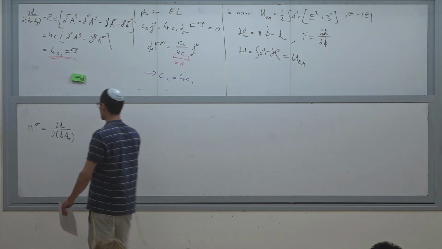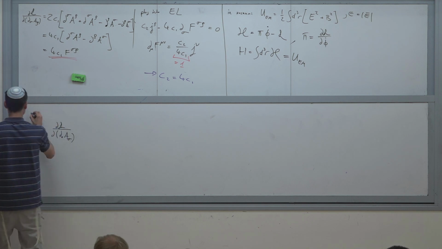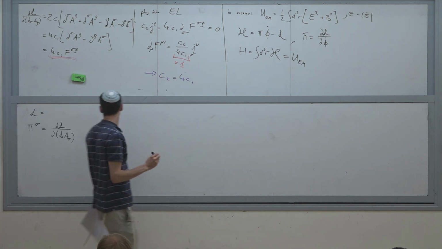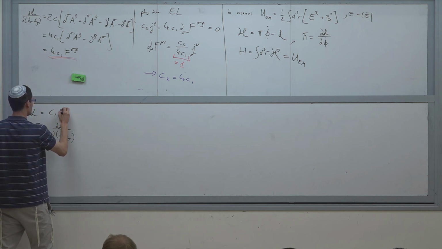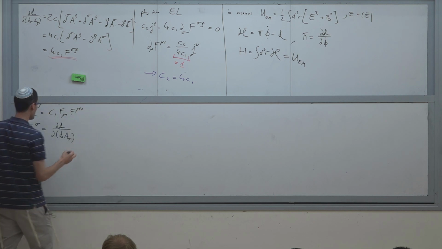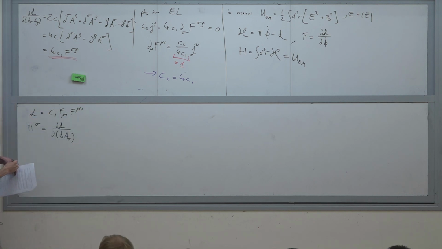So that's easy. And the Lagrangian, in our case, because we're talking about vacuum, so there are no sources, is just the first term, C1 F mu nu, F mu nu. So what we have to do is take the derivative of the Lagrangian with respect to dou 0 a sigma. This should look familiar.